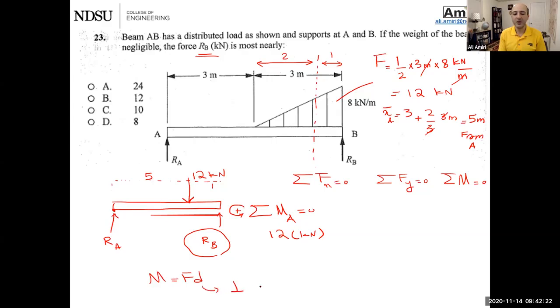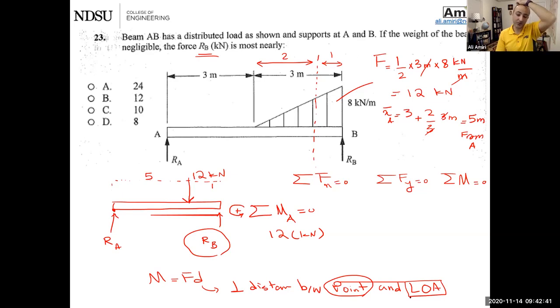This distance is the perpendicular distance between whatever point you are looking at and the line of action of that force. Not just that force, but the line of action of that force. 12 kilonewtons, perpendicular distance between point A and the line of action of 12, which is 5 meters.